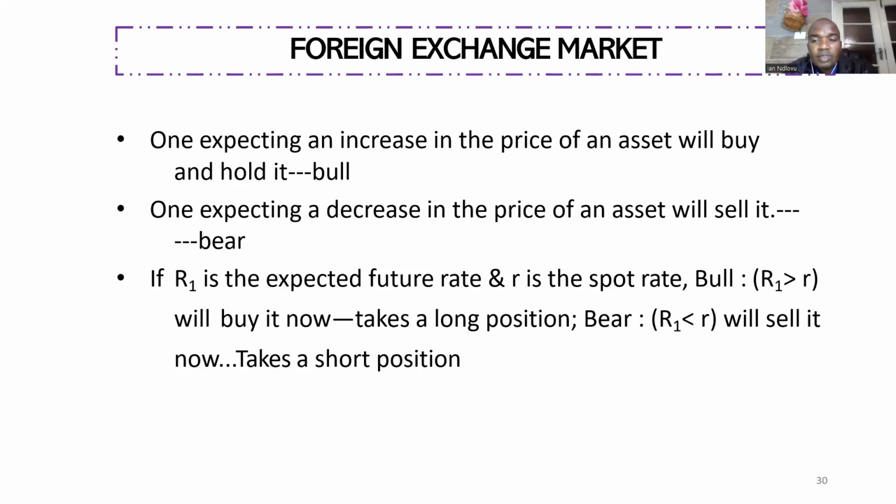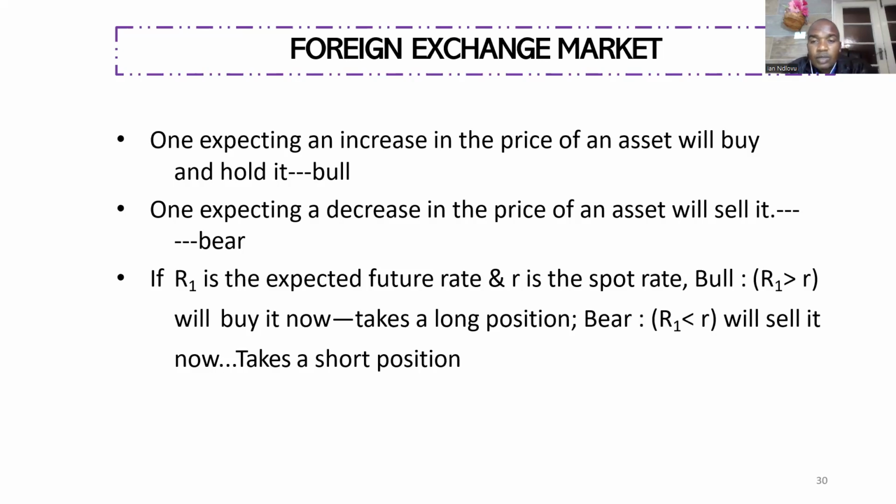Whilst the bull will be facing a situation where the expected future rate is greater than the current spot rate. So the bull is banking on the market index firming, or the exchange rate depreciating in terms of the local currency.